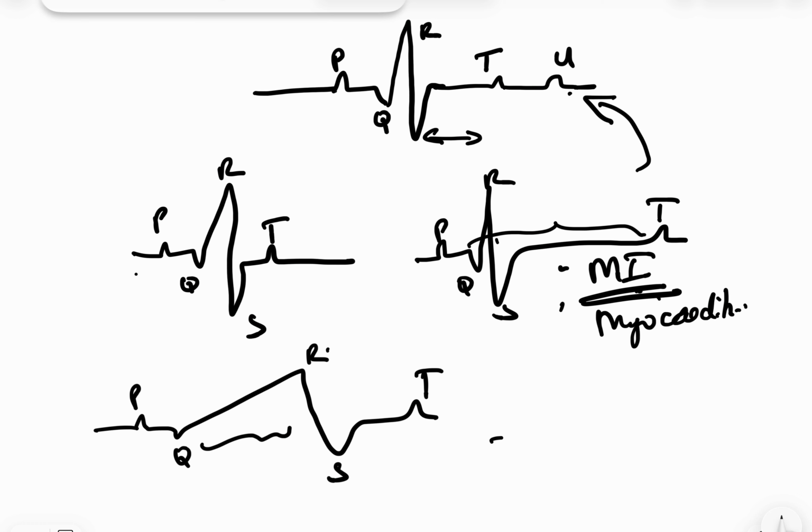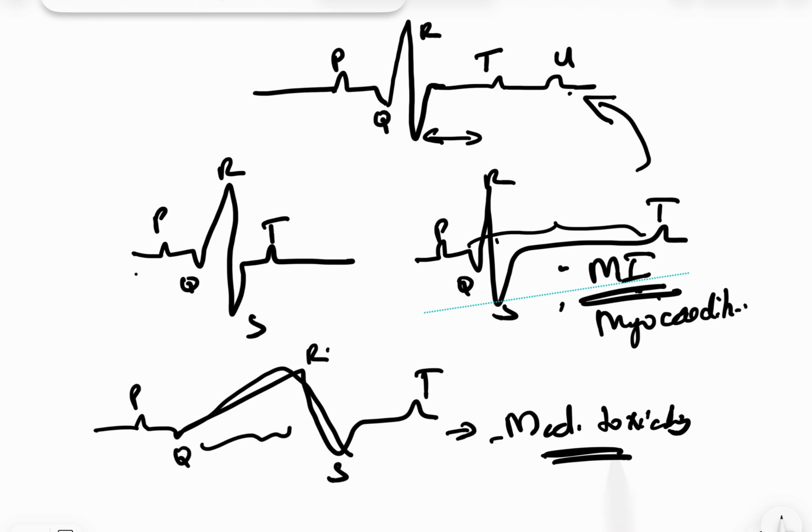Also in case of medication toxicity, the patient might have a widened QRS interval, especially with sodium channel blockers. If the patient has toxicity of a sodium channel blocker, the patient will show a widened QRS wave.